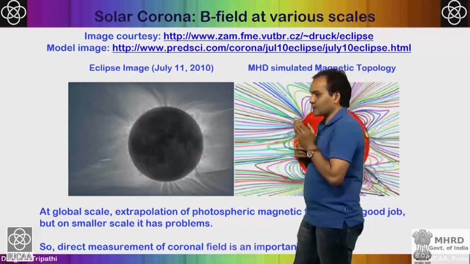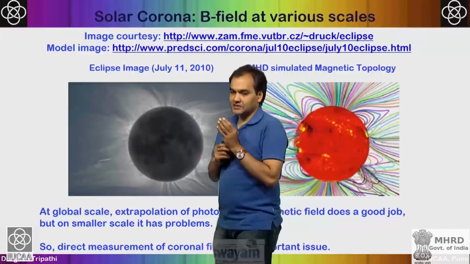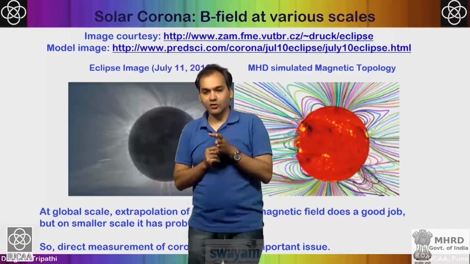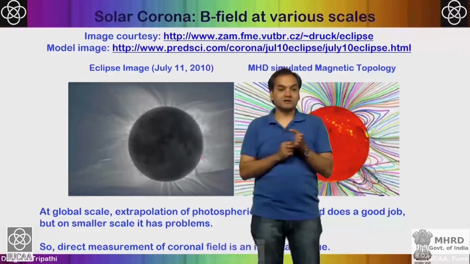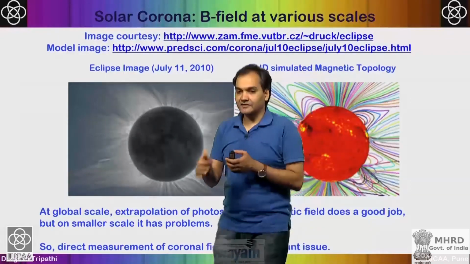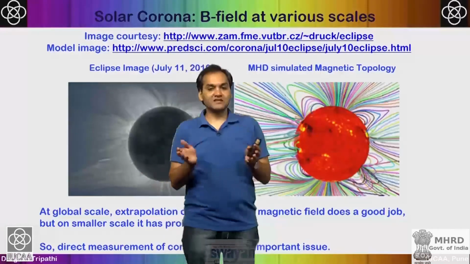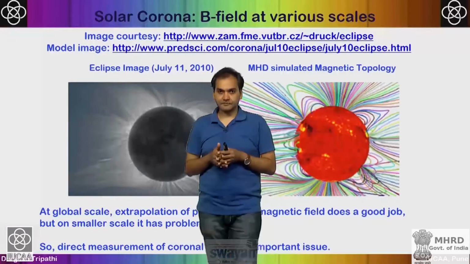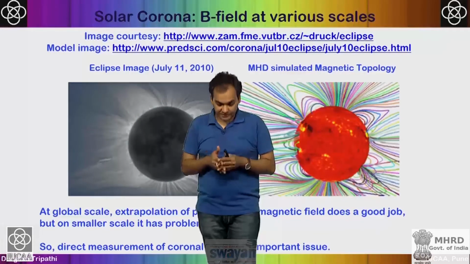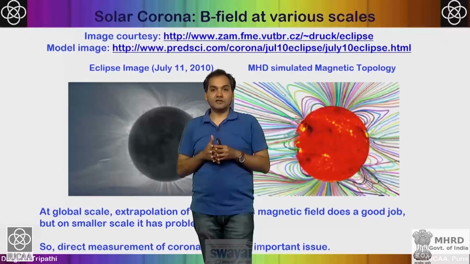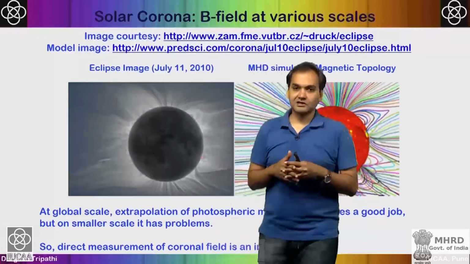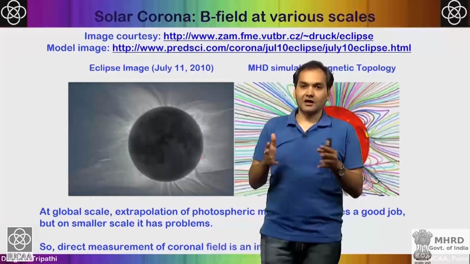Direct Zeeman splitting cannot be applied, because if you take a spectral line and the plasma is a million degrees with low density, the width of the line is already large enough that, because of the weak magnetic field we have in the corona, the splitting is not detectable. So, the only way to look at the magnetic field structure is to take the magnetic field on the surface of the sun, use that as the boundary condition, extrapolate it, and see how it would appear.